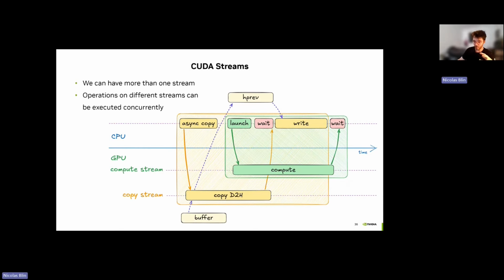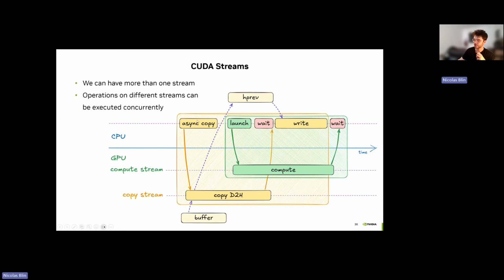So we don't have to use the default CUDA stream. We can create our own CUDA streams, actually as many as we need. When operations run in different streams, they are no longer ordered with respect to each other, and they can be executed completely concurrently. And that's exactly what we want, right? If we send the asynchronous copy in one stream and the compute in another stream, then those two operations can overlap.